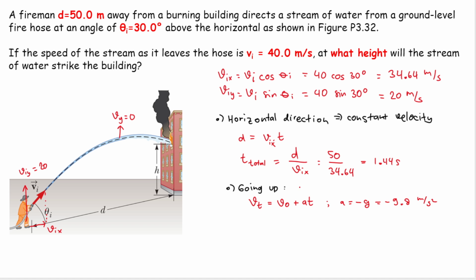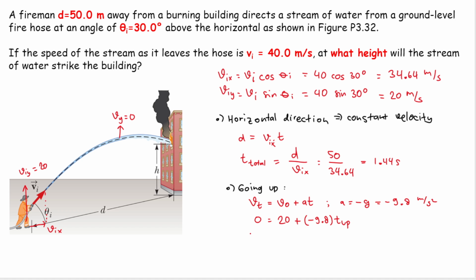Now this final velocity is Vf, so I'll have 0. And initially it is 20 meter over second, plus the acceleration, which is minus 9.8, multiplied by t going up.